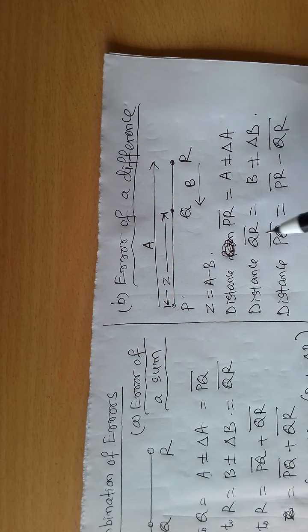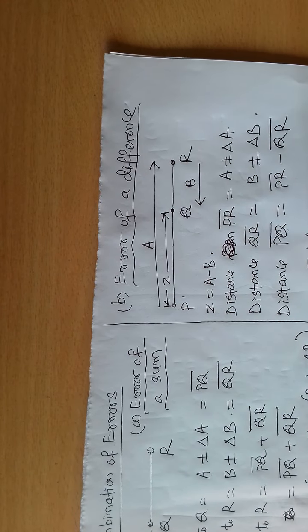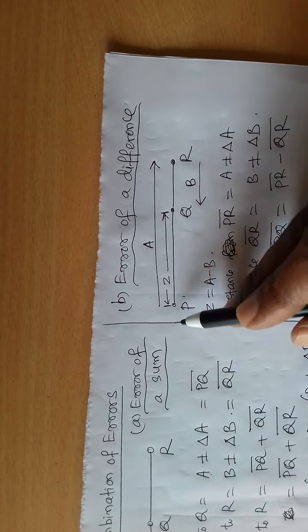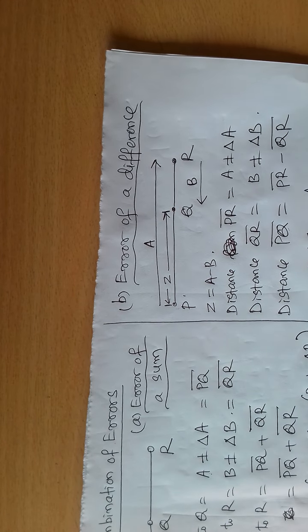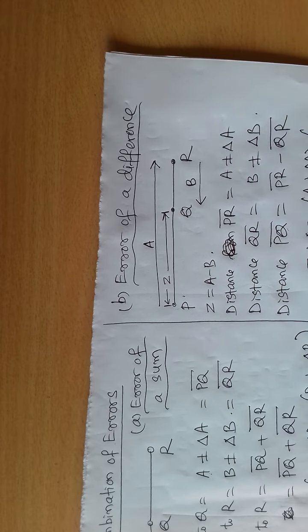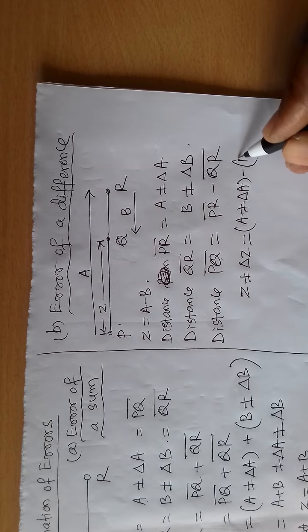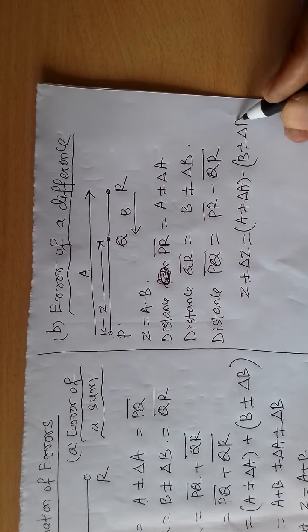Here this PQ is nothing but Z. The measured value of Z is Z plus or minus delta Z. The measured value of PR is A plus or minus delta A, and the measured value of QR is B plus or minus delta B.